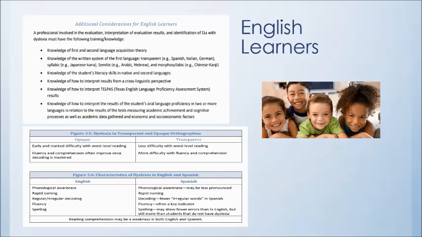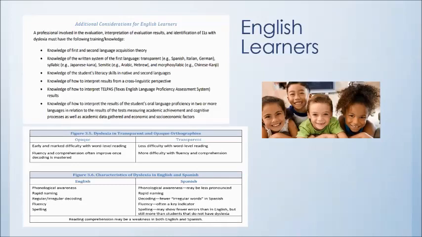Knowledge of students' literacy skills in the native and second languages, knowledge on how to interpret results from the cross-linguistic perspective, knowledge on how to interpret TELPAS, which is your Texas English Language Proficiency Assessment System results, and knowledge on how to interpret results of the student's oral language proficiency in two or more languages in relation to the results of the tests measuring academic achievement and cognitive processes, as well as academic data gathered and economic and socioeconomic factors.